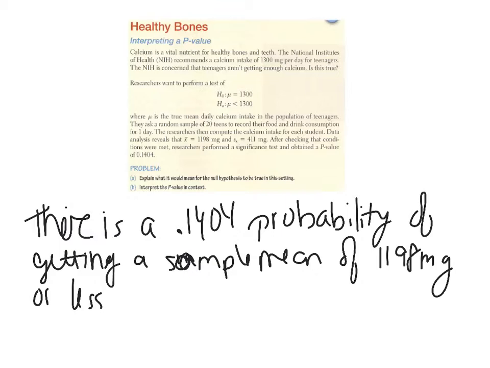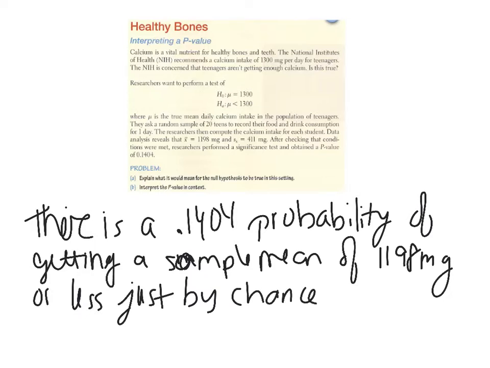This particular sample got a mean of 1,198, so we would be looking at the probability of getting any samples that got 1,198 or less, just by chance in an SRS of 20 teens. Because I need to use all my context.